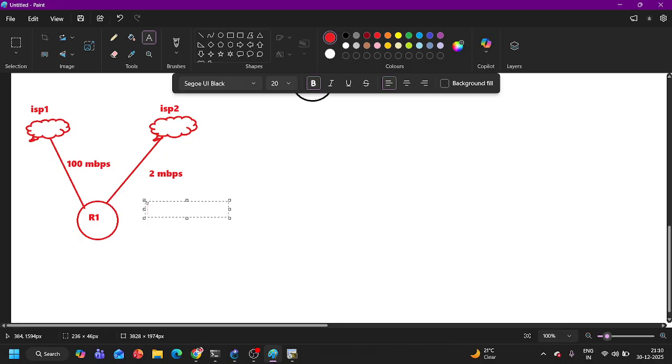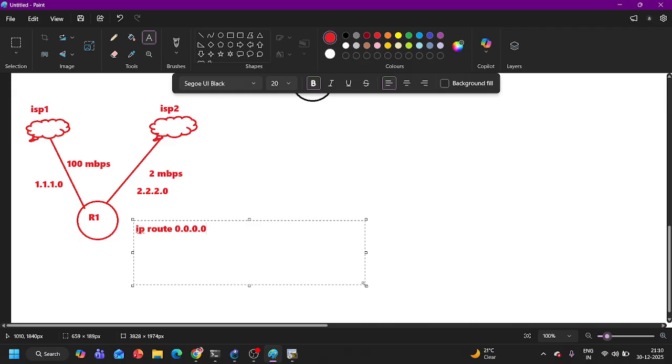So you will configure the IP route like this only. Here my subnet is 1.1.1.0, 2.2.2.0. So my static route is going to be like this.